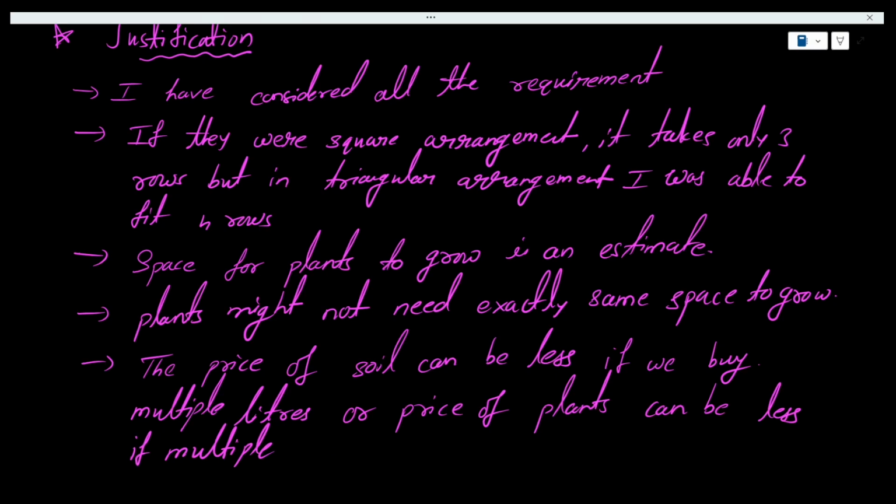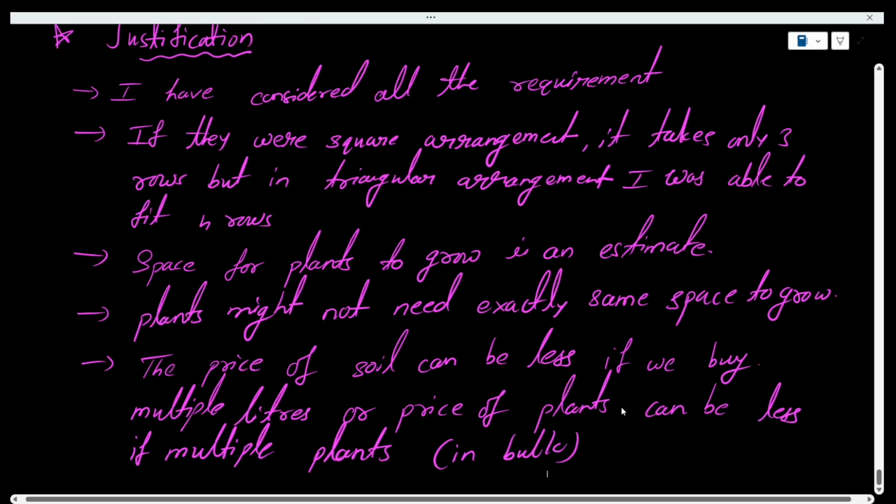That means if you are buying in bulk, right? If you are buying the soil or plants in bulk, the cost may decrease. So these are the pointers you need to write in the justification.